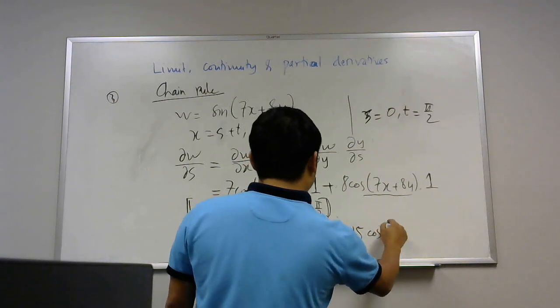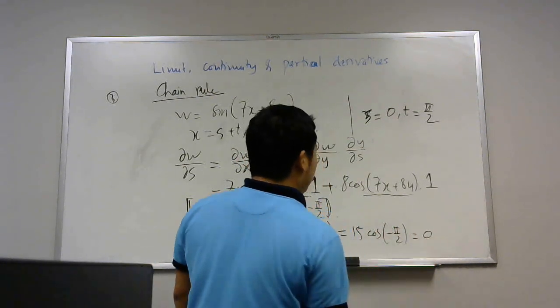So 15 cosine of negative pi over 2, and that is 0.